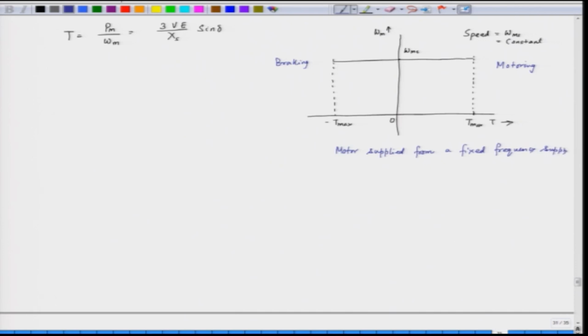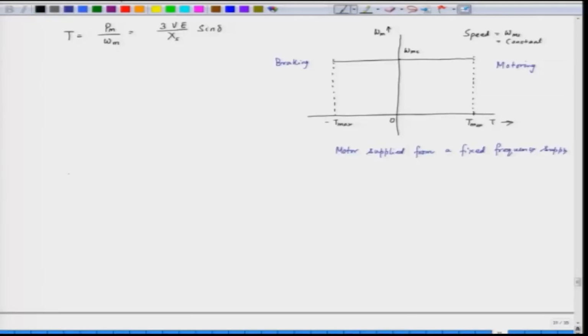Let us see the analysis of a salient pole synchronous motor, a wound field synchronous motor. We have to draw the equivalent circuit, because here the air gap is non-uniform.